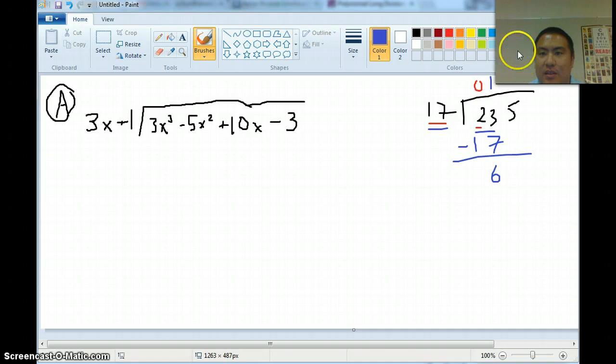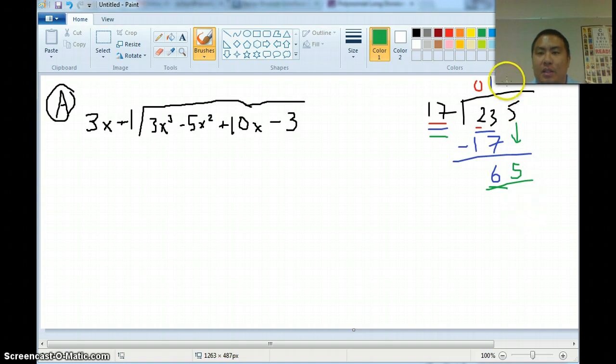Right? And I'll switch over to green. Now we're going to figure out, does 17 go into 6? No, so I have to drop down the 5. How many times does 17 go into 65? 17, 34, 51.